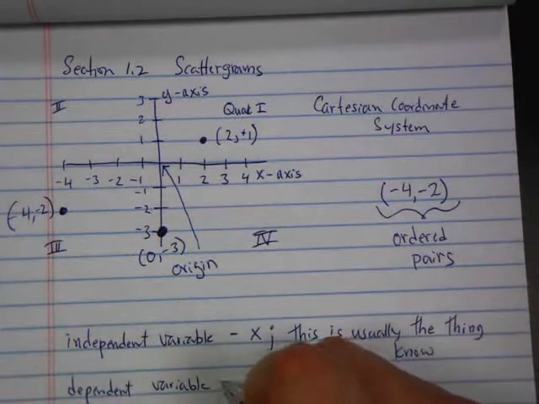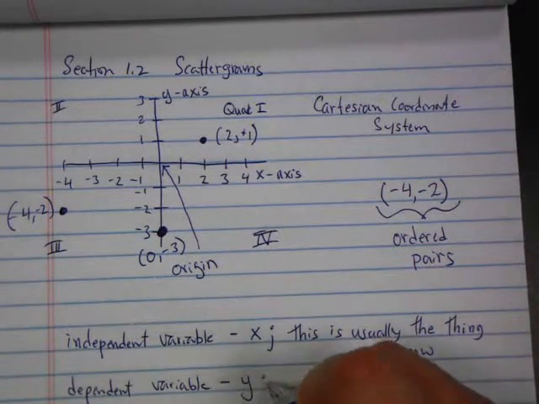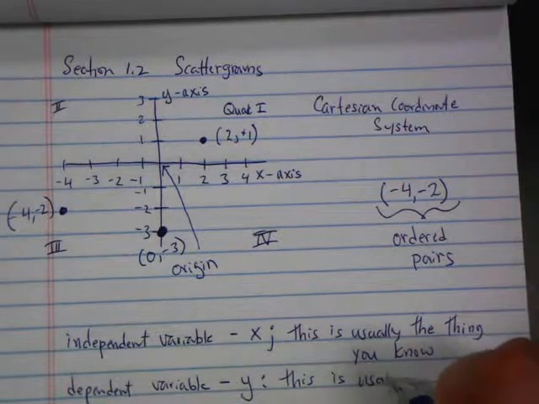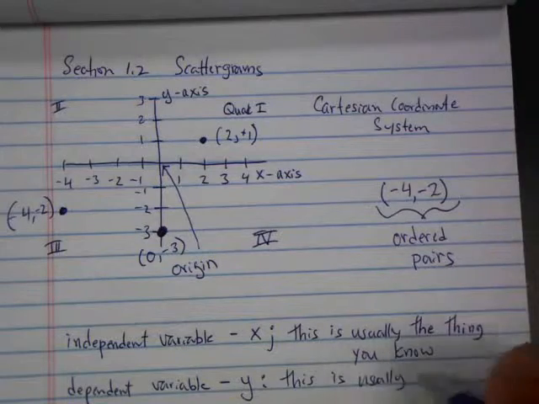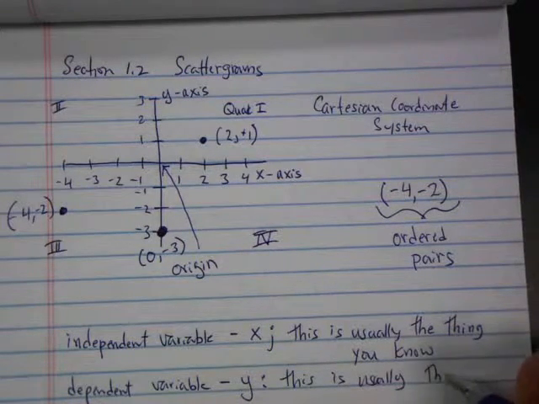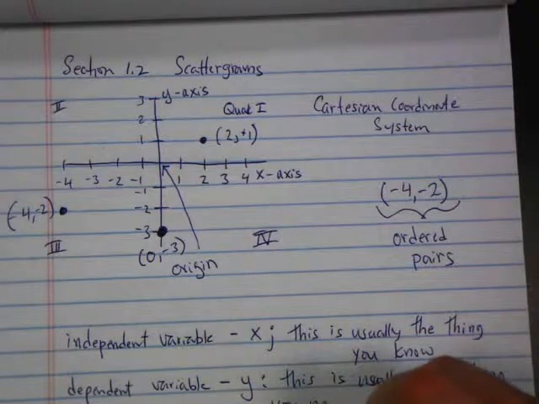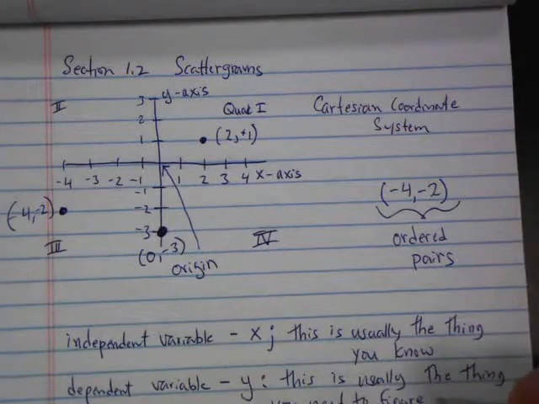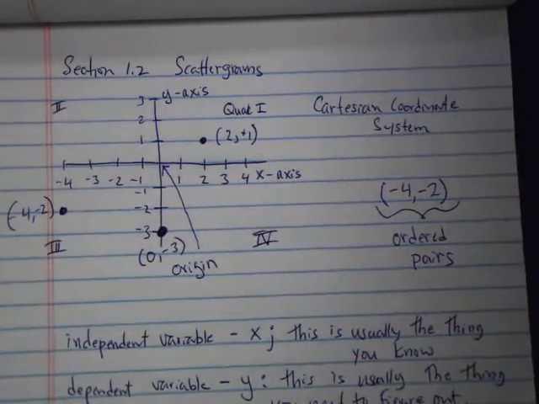And conversely, the dependent variable is usually y, and this is usually the thing you need to figure out. And this will make more sense here in just a minute when we look at some examples.